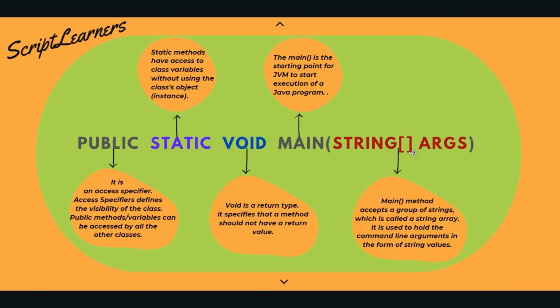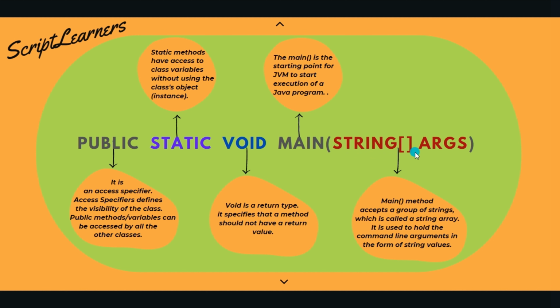It is basically used so that we can hold the command line arguments in the form of string values. That's why we create a string array inside the main method as an argument. It stores Java command line arguments in array format of string type.